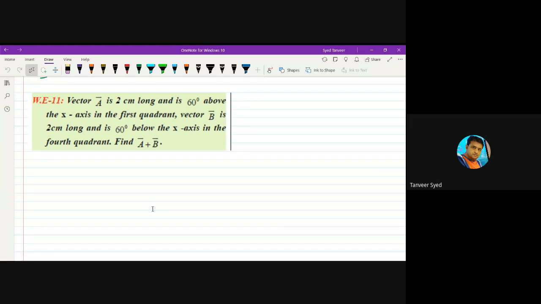Vector B is 2 centimeter long and 60 degrees below the x-axis in the fourth quadrant. Find A plus B. Try this. You have 2 minutes. Read the question, understand, draw a figure, try to solve.